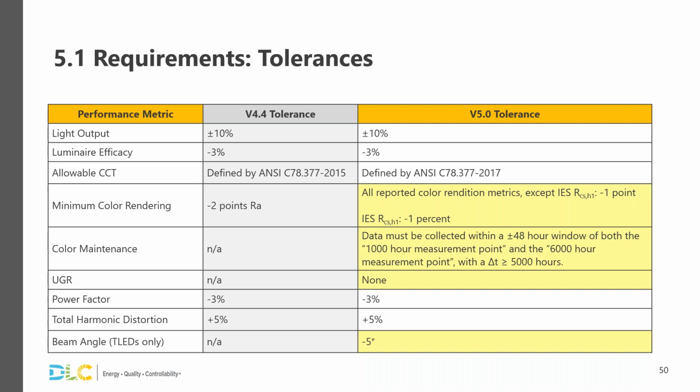And finally, we receive questions fairly often, and I hope we can be clear that there is a difference between allowances and tolerances. Allowances are granted to offset potential efficacy trade-offs due to enhanced quality features like high color rendition or improved discomfort glare performance.